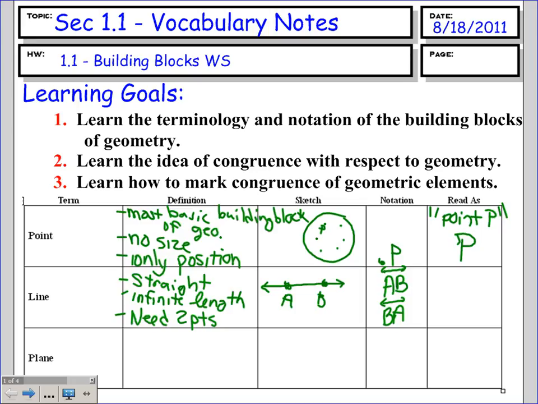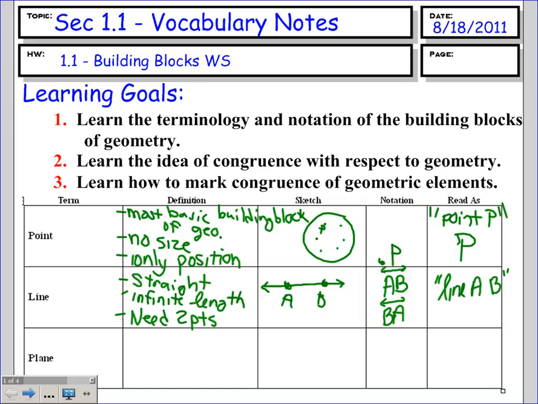Well, this is BA. Either way is acceptable. Either way is correct. Is that all right? That's how it's read. You just say line AB. Go the other way. Does that make sense? I know this is very straightforward. I just want to make sure it's straightforward as we go along.